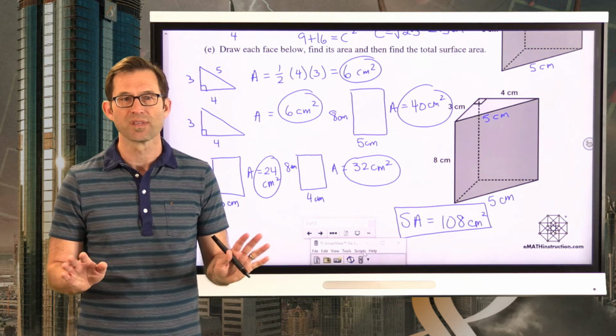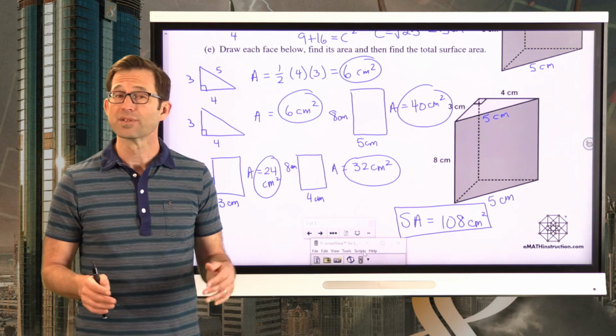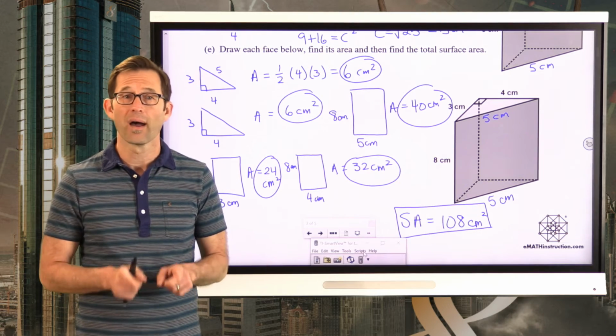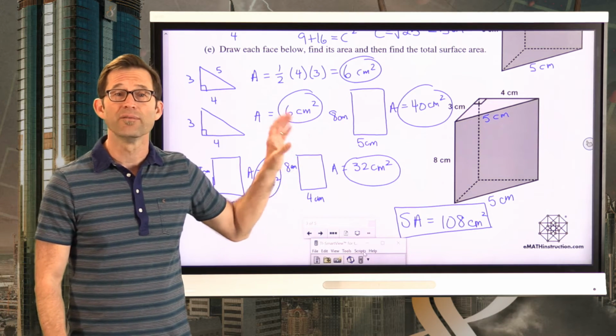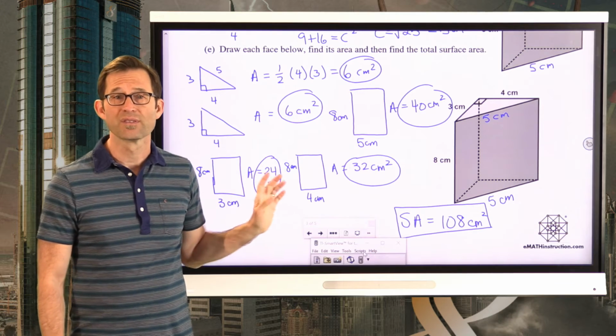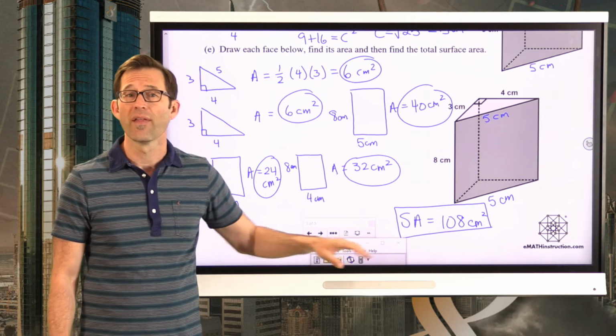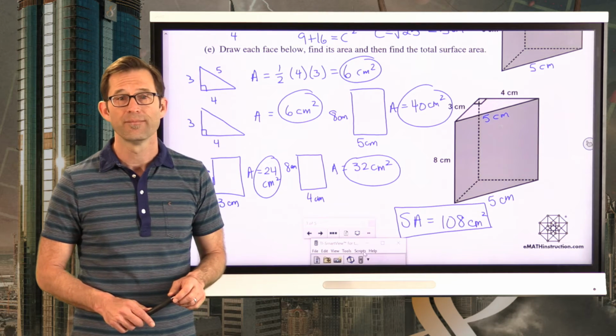This is for prisms, that is. We'll get into other figures eventually in this unit. But for prisms, calculate an area, multiply it by a height, and you have a volume. Compare that to this, where I had to calculate 2 areas that are the same, and then 3 areas that were different, and then add them all up to get that 108 square centimeter surface area.